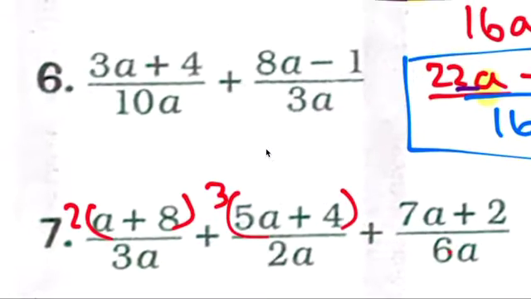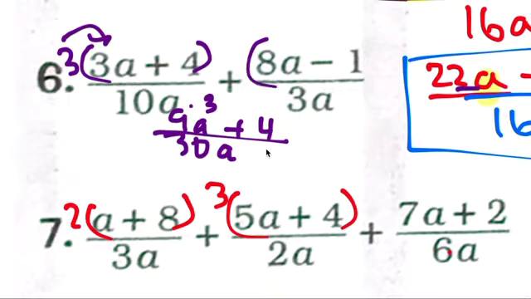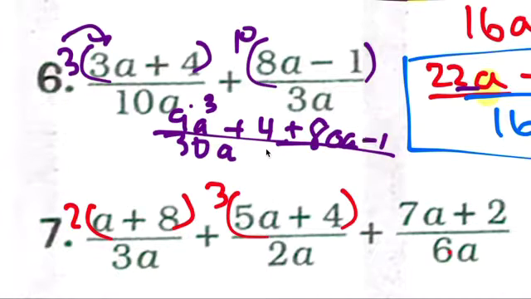So the common denominator here is 30, right? 30A. Times 3 here, so you times 3 here. So you got 9A plus 4, and this is times 10, right? You get positive 80A minus 10, and then combine the like terms.